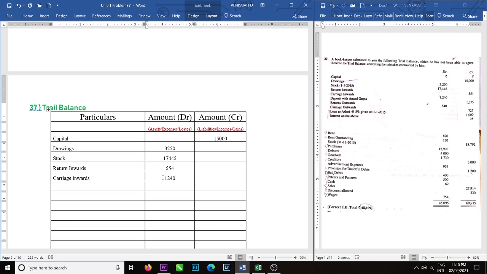Deposit with Anand Gupta. Our money is with Anand Gupta, so that is an asset to us. Deposit with Anand Gupta amount is 1375.